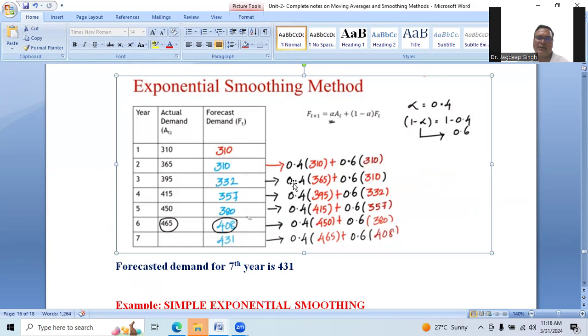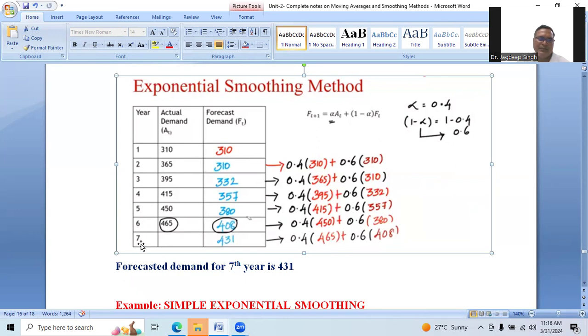How can we calculate it? 0.4 multiplied by 365, that is A(t) for the previous period, plus 0.6, that is 1 minus alpha, and F(t), that is F2, which is 310 only, shown in this green color. So it will give us 332. So F3 will be 332. Similarly, we can calculate for the others also.